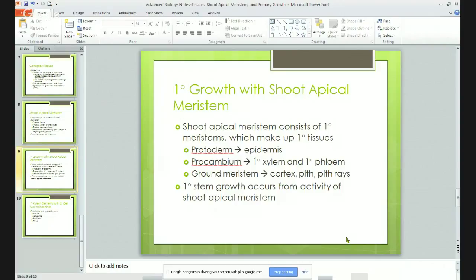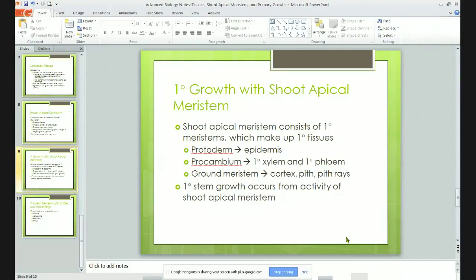The cortex, remember, is that tissue found between your phloem and your epidermis. So that's just that outer edge of cells there. It looks like I did not label it, so sorry about that. I kind of had a brain fart on my diagram, but I'll go ahead and add that to yours.